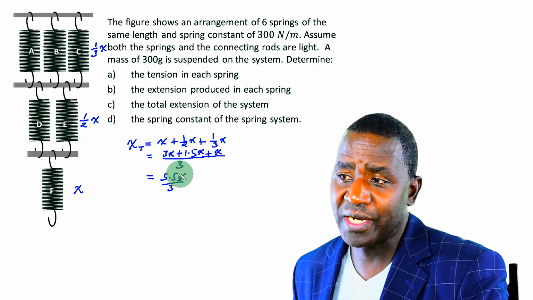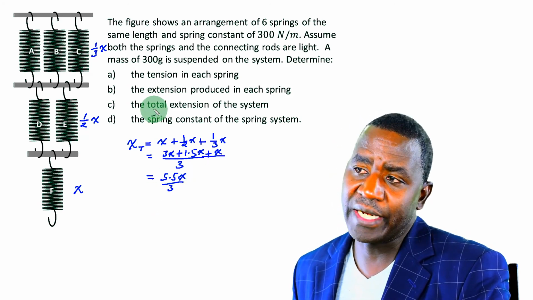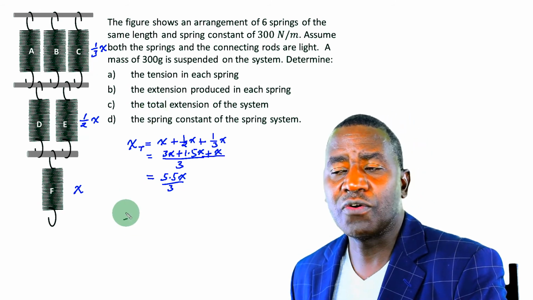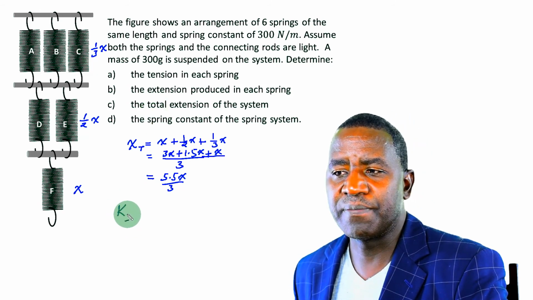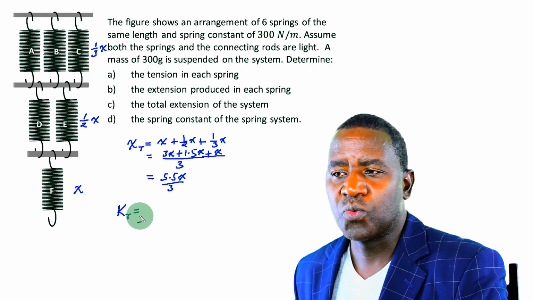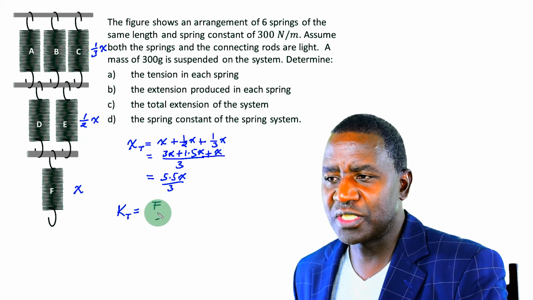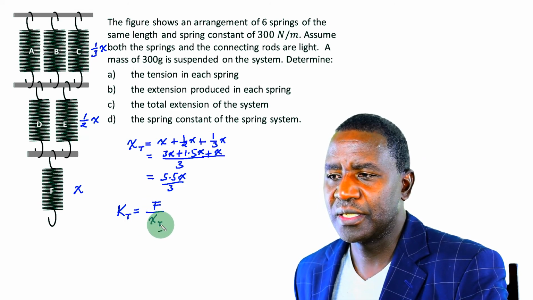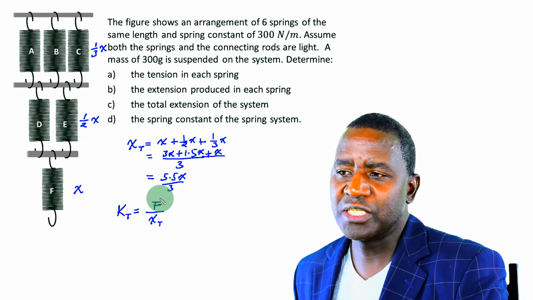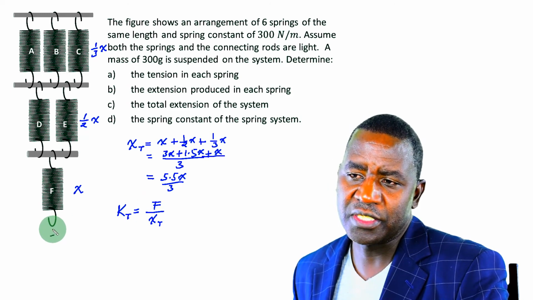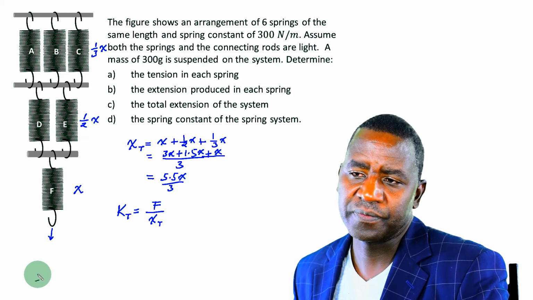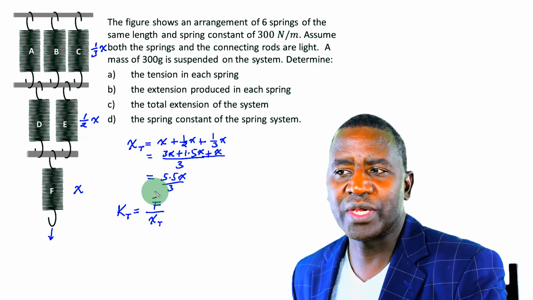And then from there, I can go over and calculate the value of kt, which will be given by the total force acting on the system divided by xt. How much is the total force? It is this F that we have around here. That F that we have there.